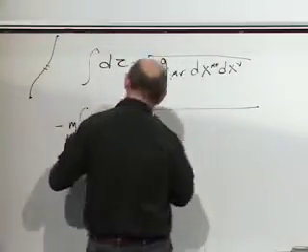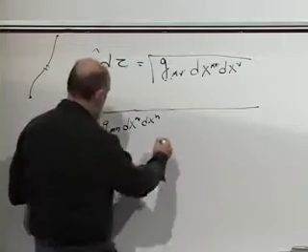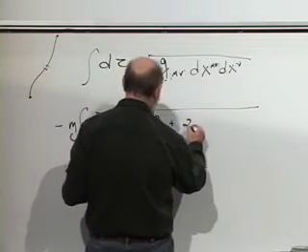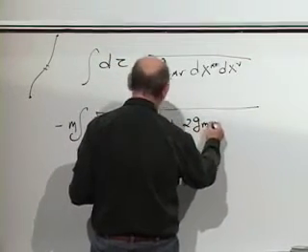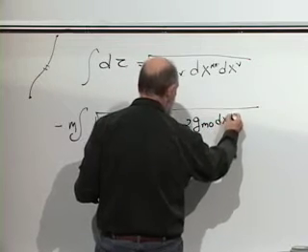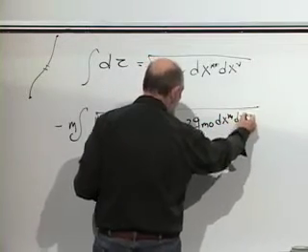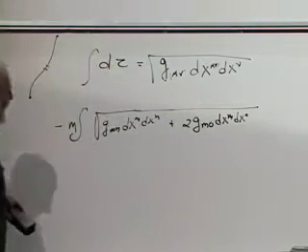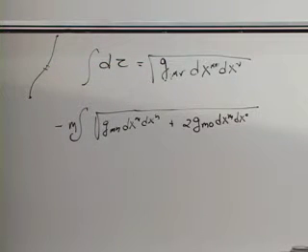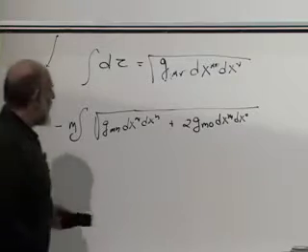Then there's the mixed space-time components, plus twice g_m0 dx^m dx^0. Why did I put a 2 there? Because it's symmetric.